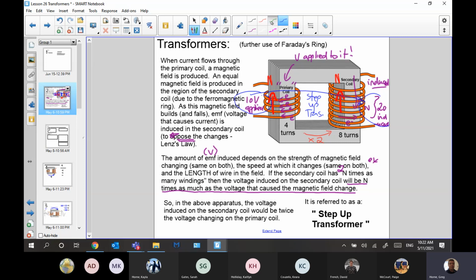When a current flows, a magnetic field is produced. This part's fine. It's always there. But it's only as this magnetic field builds and falls. So it's that change. That's an important part for sure that you're asking about.